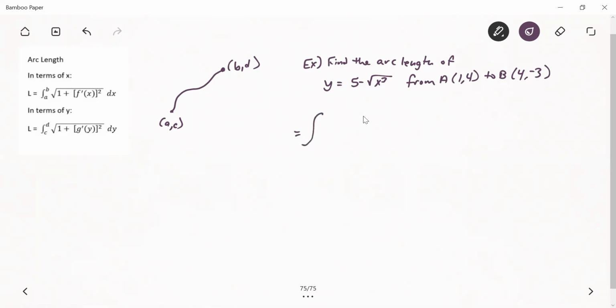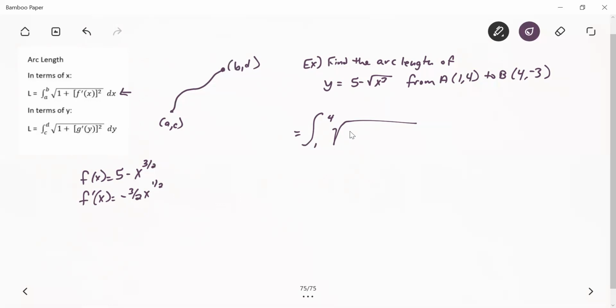So I'm going to do this from our x, from 1 up to 4 of the square root of, so I'm using that function. If f of x is equal to 5 minus the square root of x cubed, so that's x to the 3/2, then f prime of x is equal to -3/2 x to the 3/2 minus 1, so that's x to the 1/2.